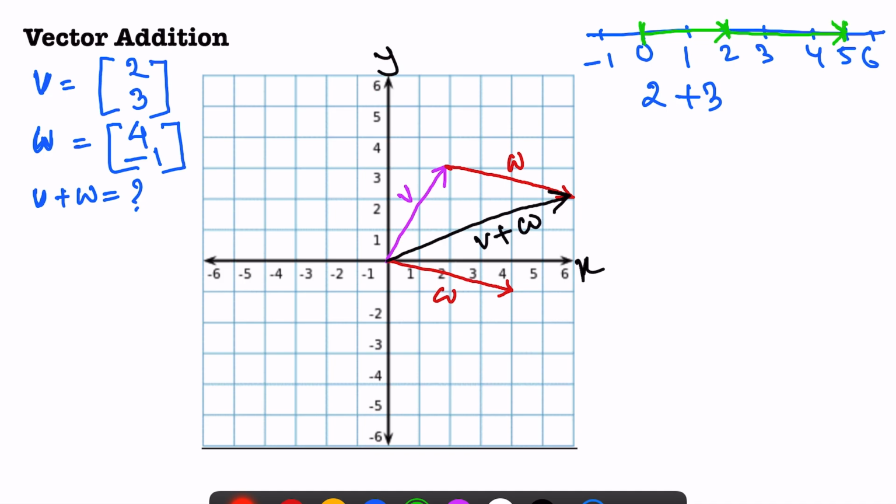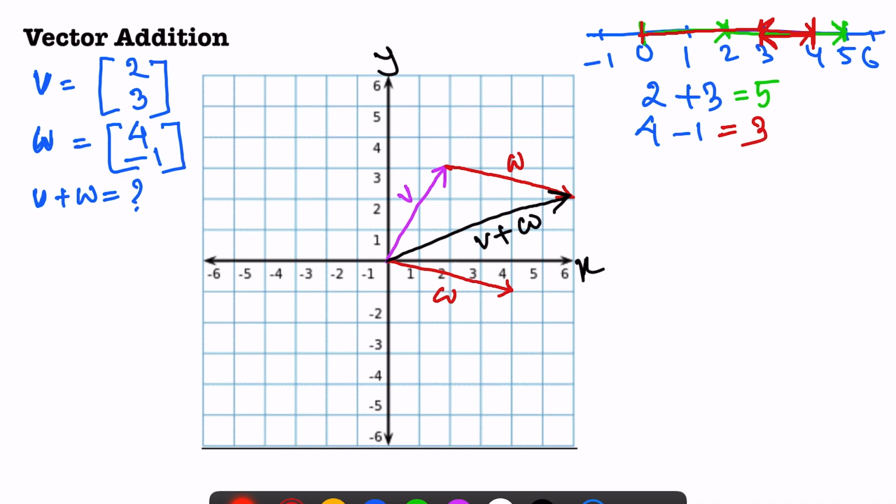Then we reach 5. So 2 plus 3 is 5. Now what is 4 minus 1? For this one, we move from 0 in the positive direction 4 steps, and then from that place we move 1 step in the negative direction. Then we reach 3. So 4 minus 1 is 3.